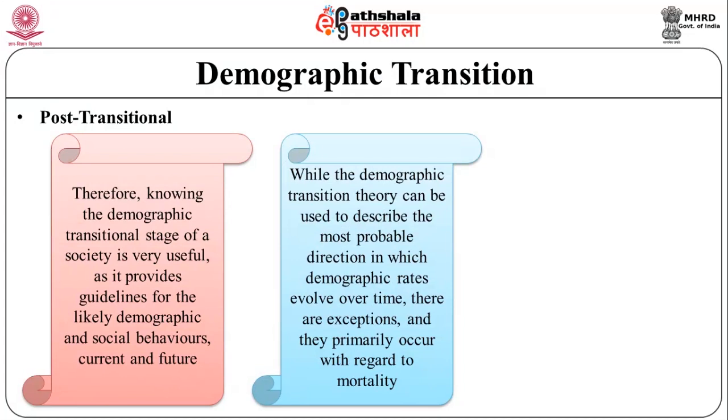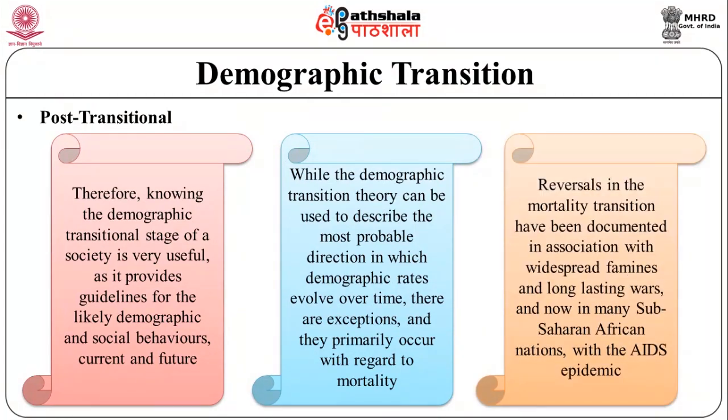While the demographic transition theory can be used to describe the most probable direction in which demographic rates evolve over time, there are exceptions, and they primarily occur with regard to mortality. Reversals in the mortality transition have been documented in association with widespread famines and long-lasting wars, and now in many sub-Saharan African countries with the AIDS epidemic.